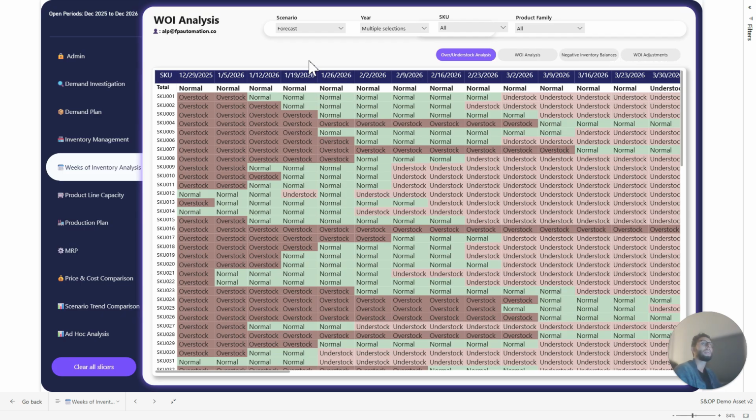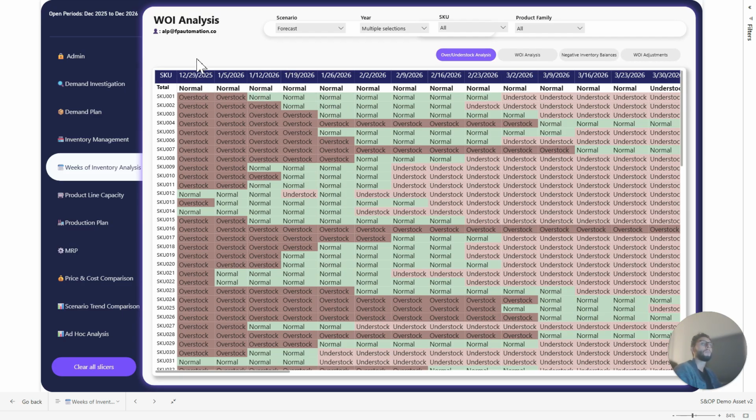In this example right here, we had a manufacturing company who wanted to see the next 4 weeks of forecasted demand in comparison to the current inventory levels to see how many weeks of stock they had on hand based on the average 4 weeks of demand coming up.